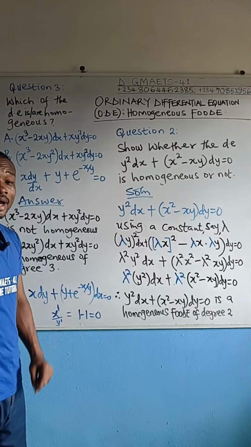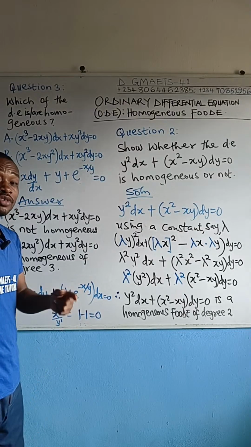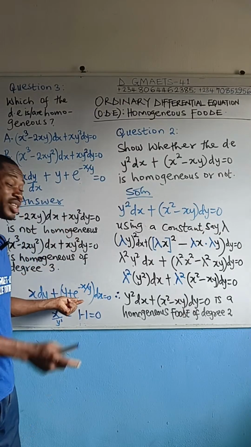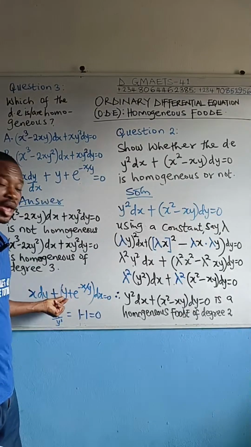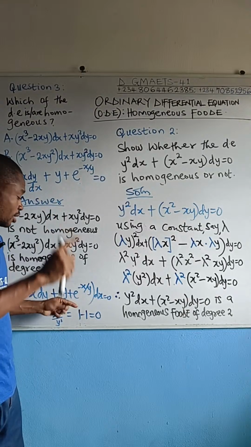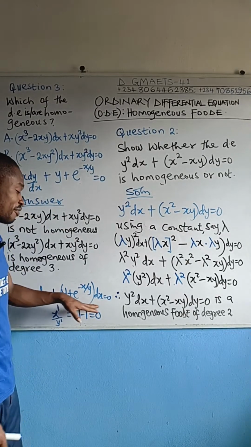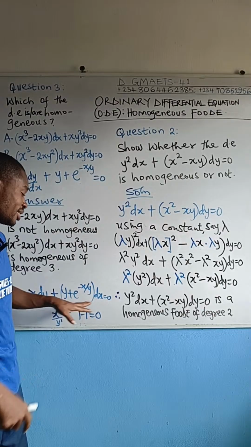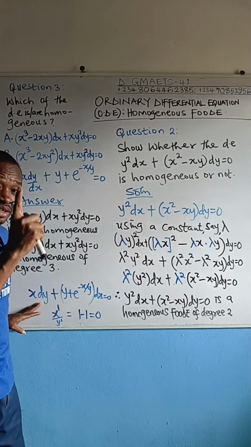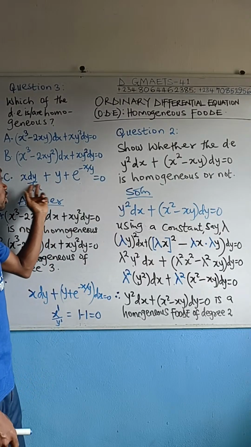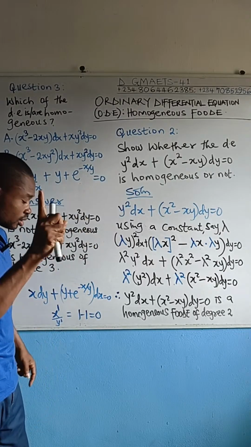Exponential 0 will give you 1. So you see this becomes a constant. Therefore, you locate this y, and y alone here is raised to power 1, making all these terms in the dx part degree 1. You see already that the dy part is also degree 1. So this is actually a homogeneous equation of degree 1.